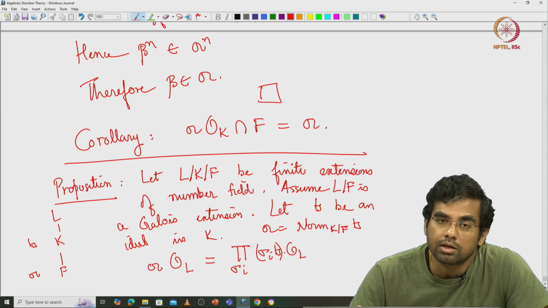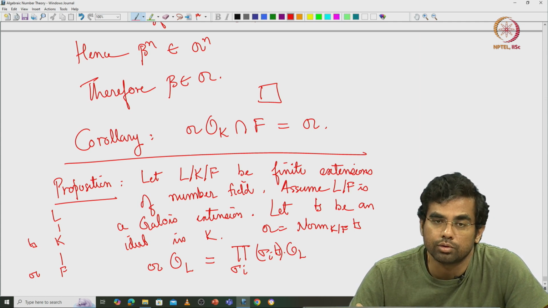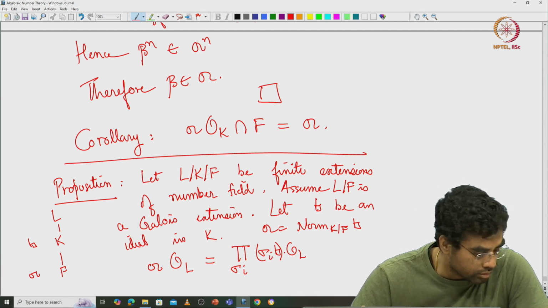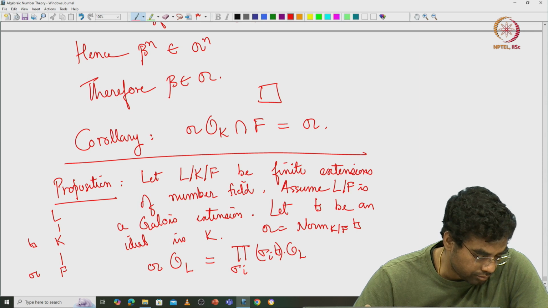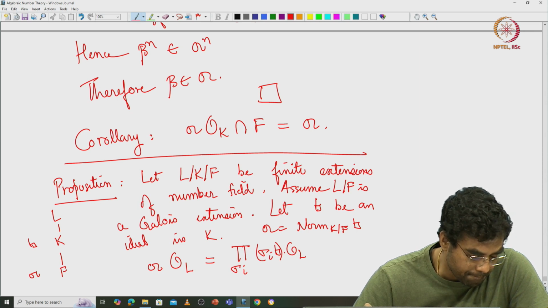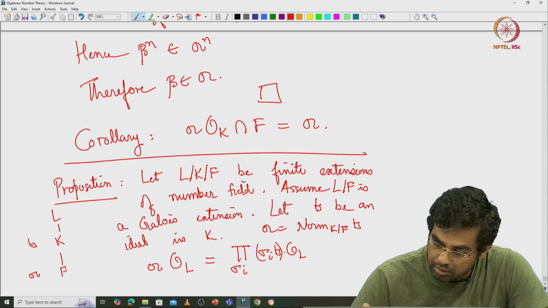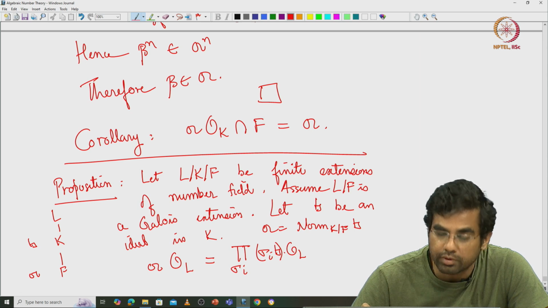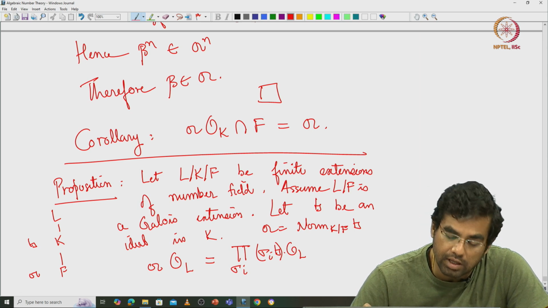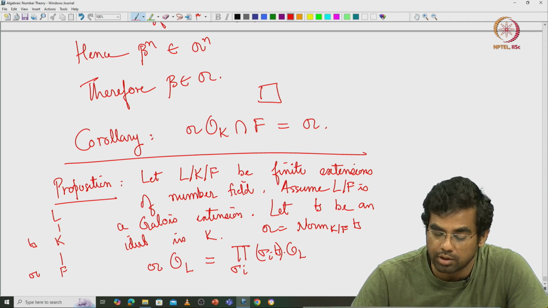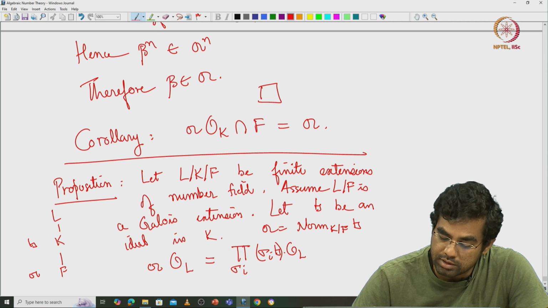So, let us take the case when L is equal to K. Or maybe, sorry, let me take the case when K is equal to F. So, there is only L over F as an extension, then there is no business of norm here.